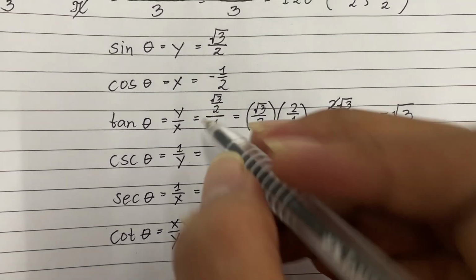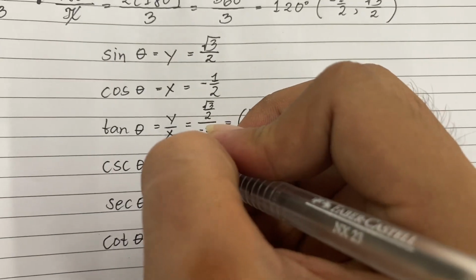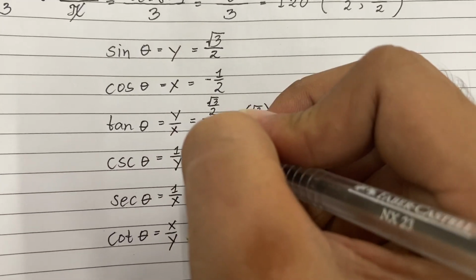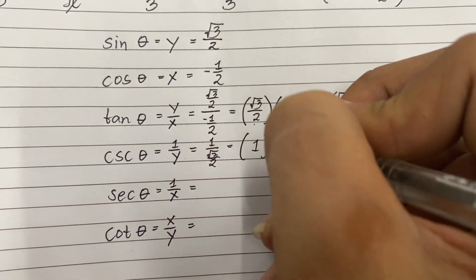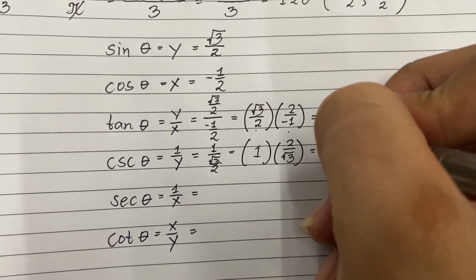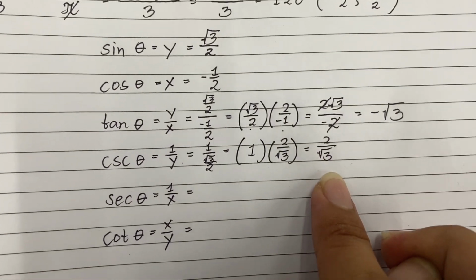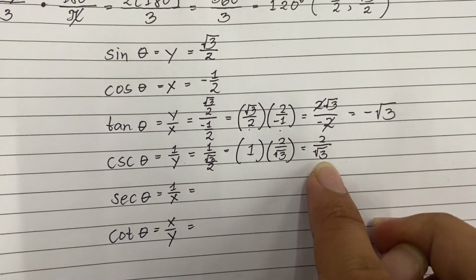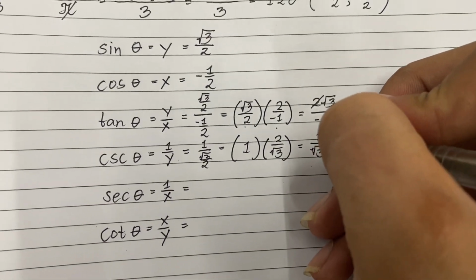Now let's proceed to cosecant theta, which is 1 over y. So that's 1 over square root of 3 over 2. The numerator 1 is multiplied by the reciprocal of the denominator, 2 over square root of 3. 1 times 2 is 2 over square root of 3. The denominator cannot be a radical, so we have to eliminate the radical sign by rationalizing the denominator.